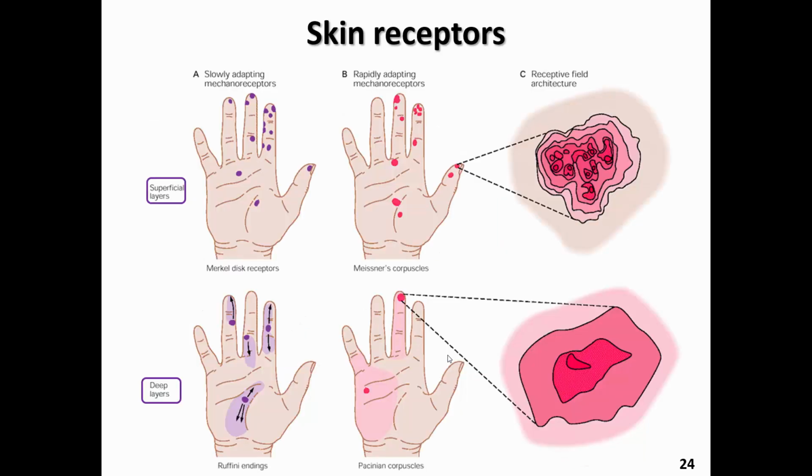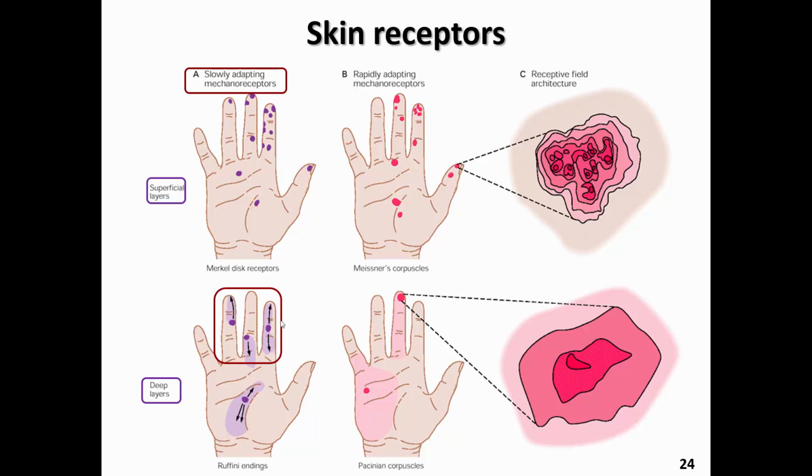On this slide, we see an illustration of the receptive fields for both the superficial and deep layers of the skin in the upper and lower tracings respectively. The slowly adapting mechanoreceptors have been identified through these Merkel disc receptors at these unique locations, and you'll notice that in the superficial layers, the receptive fields are much narrower than in the deep layers with the Ruffini endings.